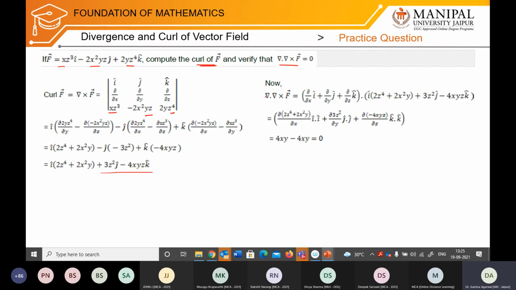Now I need to find del dot del cross f. Del cross f is already written over there. Del is again this del operator, and dot product with this: del by del x of this coefficient, del by del y of 3z square and del by del z of minus 4xyz.